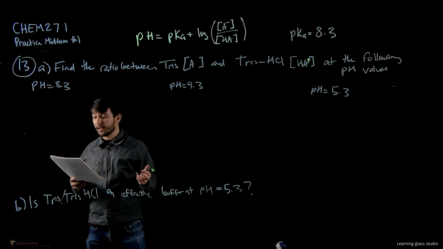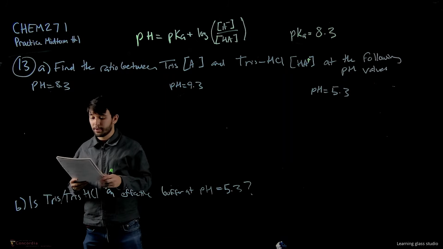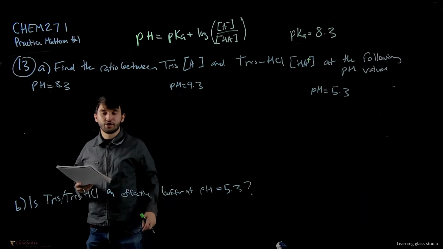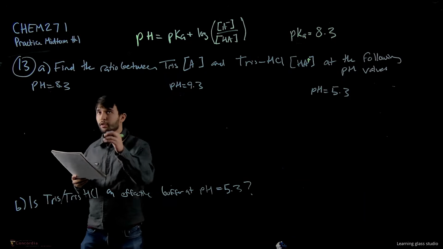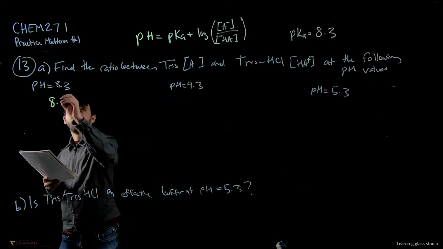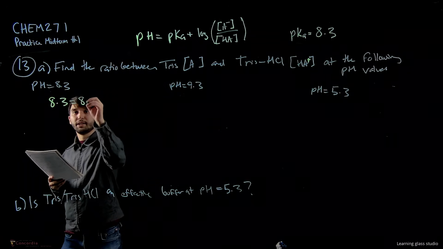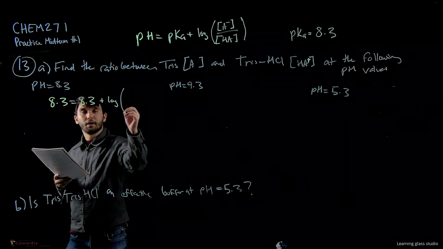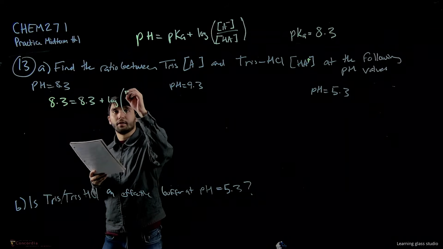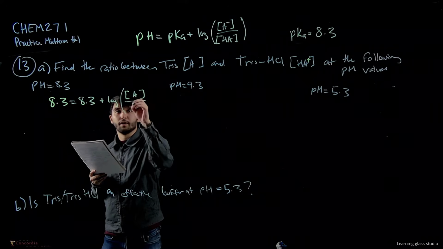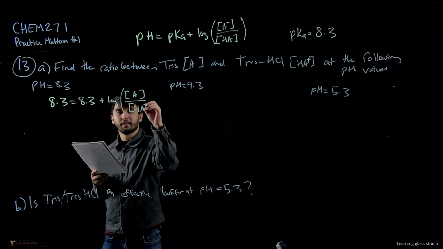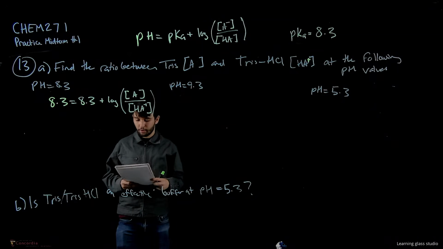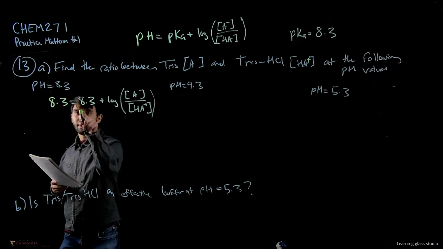So in this case, at pH 8.3, we are going to use pH equals pKa plus the log of the ratio. We just want to find the ratio. So here we get 8.3 equals the pKa 8.3 plus log of tris, which is A, over HA plus. Now we can subtract 8.3 from both sides.